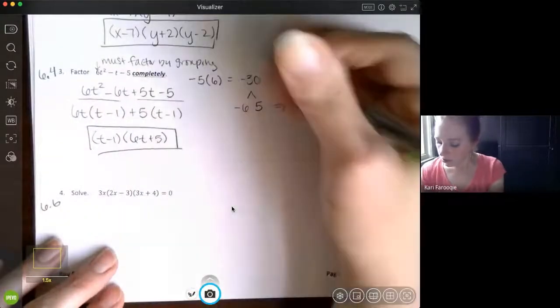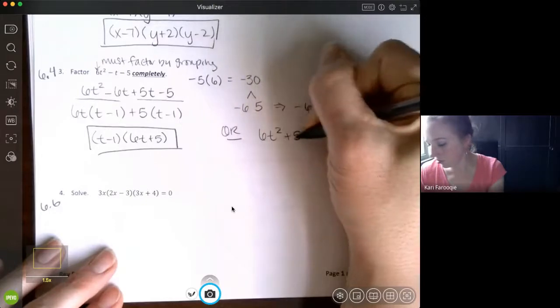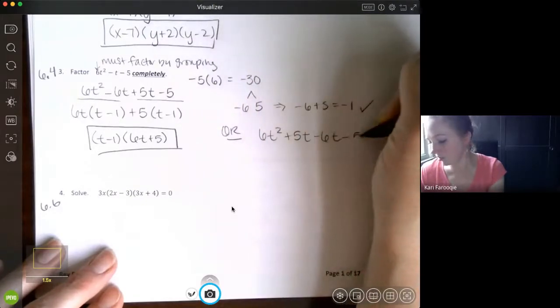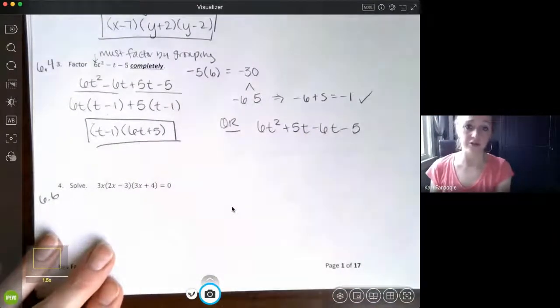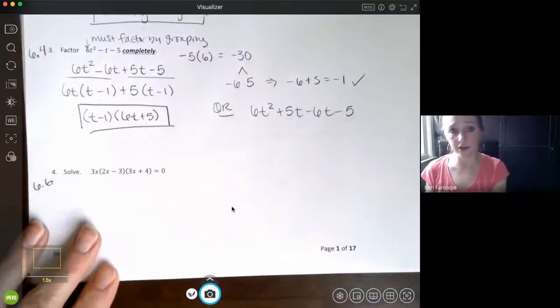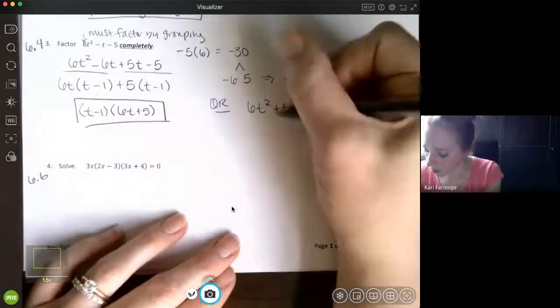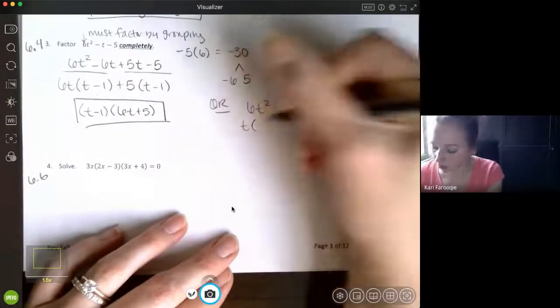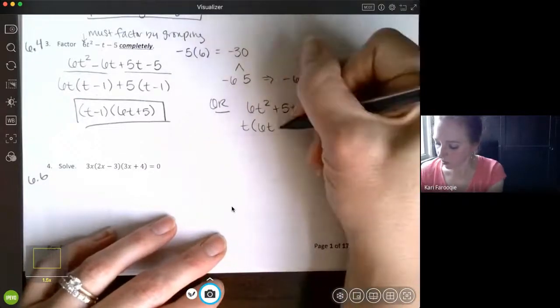Now remember, you could have said that this was 6t squared plus 5t minus 6t minus 5. If you had combined them in a different order, it's fine. You'll still end up getting the exact same thing. It'll look slightly different when you factor it, but in the end, it'll be the same. So you'll take out a common t here, and that leaves you with 6t plus 5.